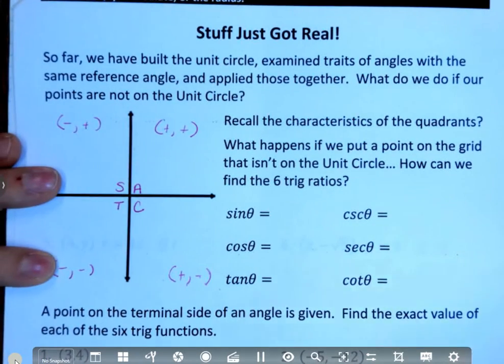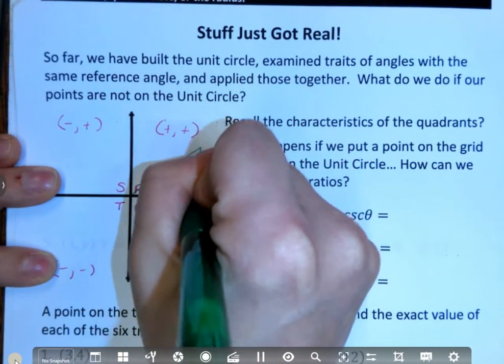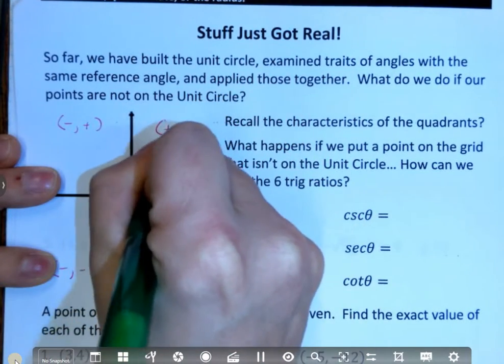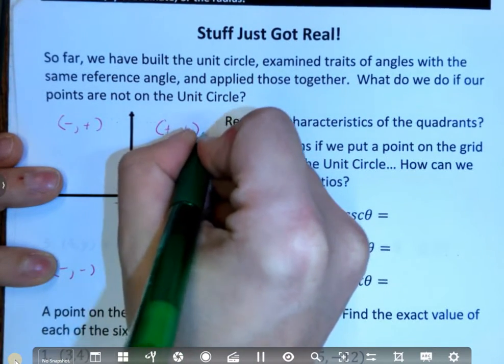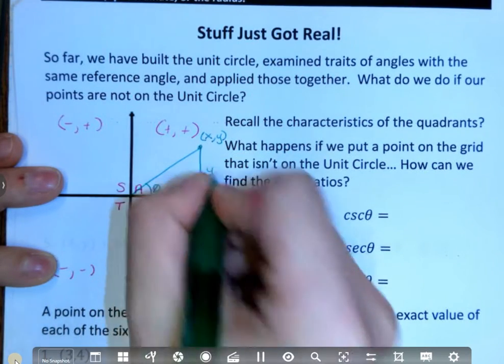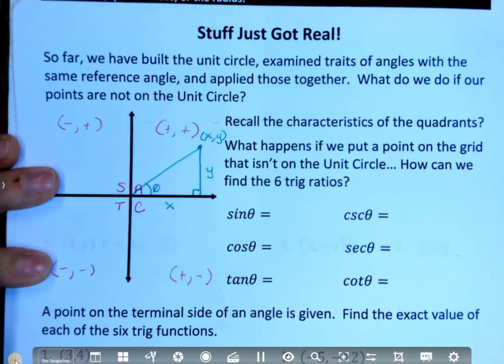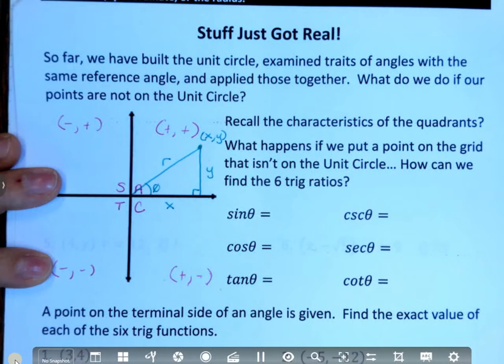And then the last thing that I did is I said, hey, we can draw a triangle. Think about it in terms of my reference angle. And if I have a coordinate point x, comma, y, this is my x, this is my y, and in the general term, and we're dealing with the general term here today, just not the unit circle, this is my radius. It's just that on the unit circle, the radius is 1.